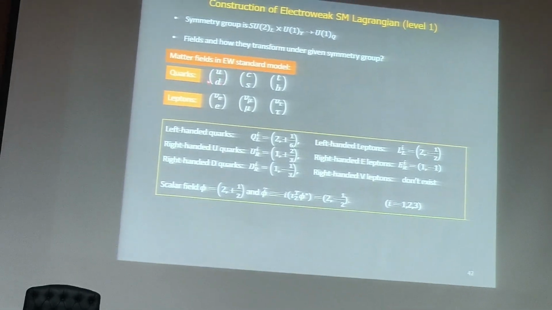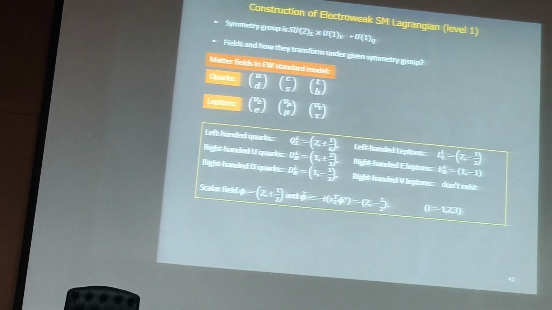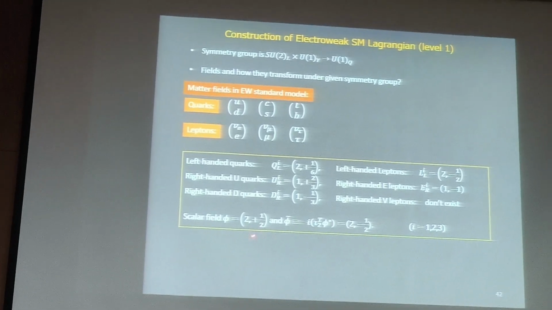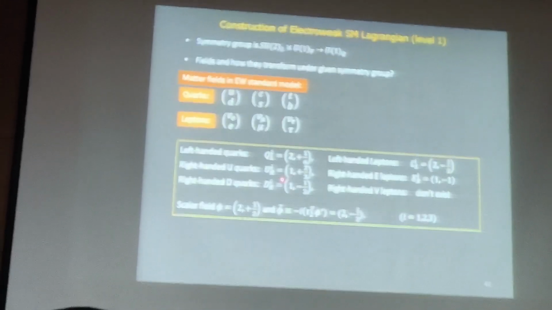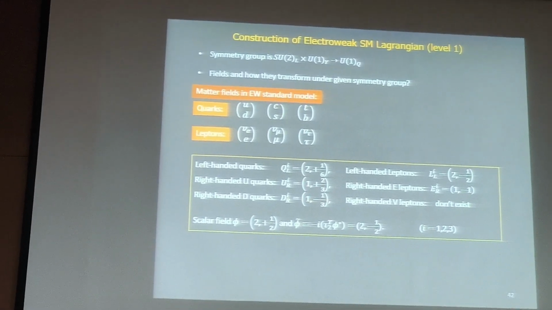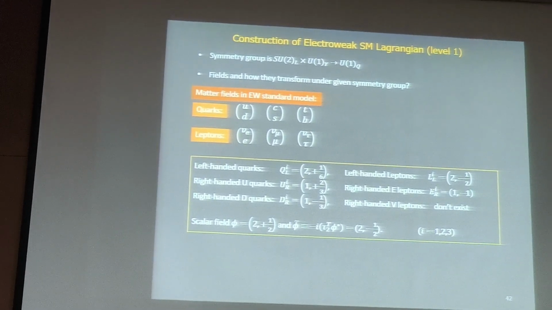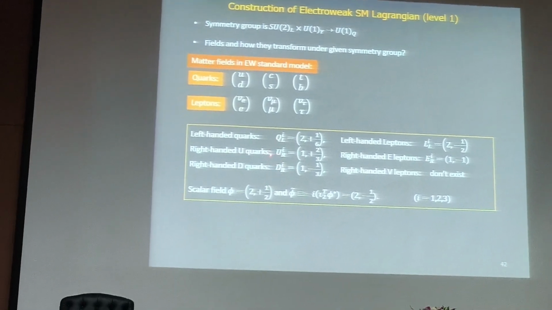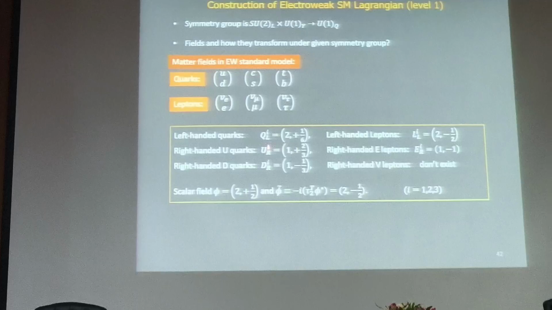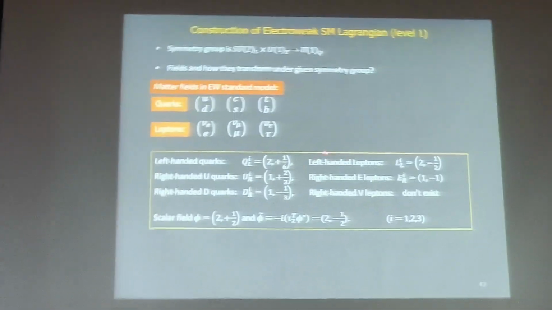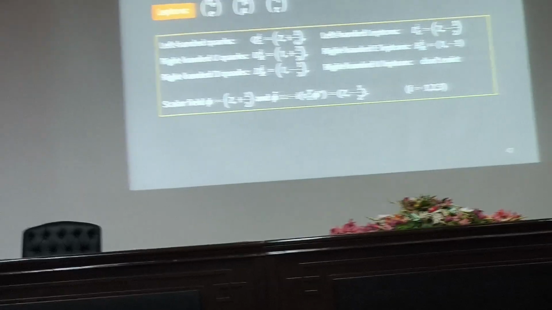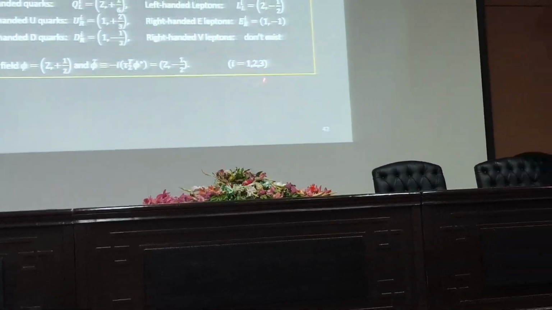The d quarks mean the down-type quarks, including down, strange, and bottom. They are also singlets of SU2, and the value of the Y charge is minus 1/3. So for these fields we use the symbol u_R^i and d_R^i, where R stands for right-handed, and i is again the generation index corresponding to three values of i.